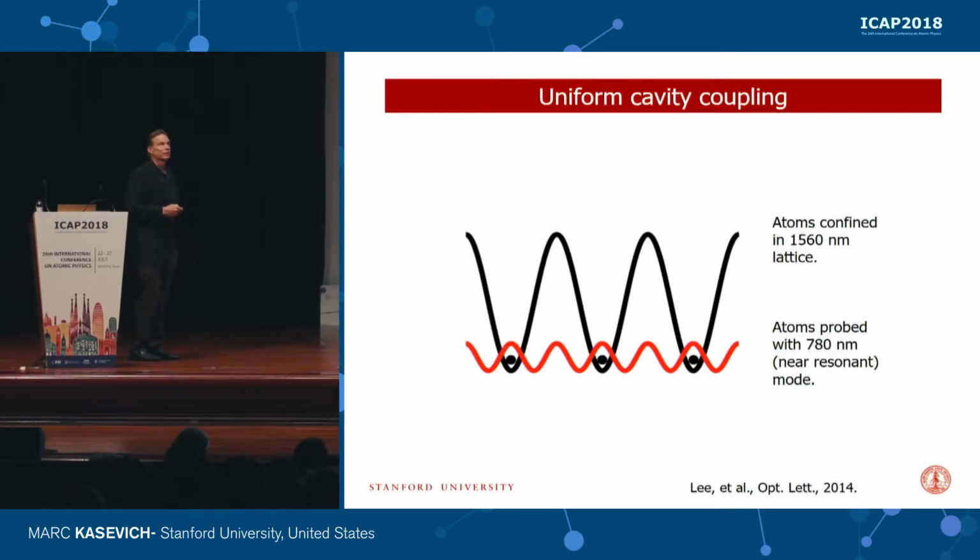And to enforce that coupling, it's useful to have a confining potential for the rubidium atoms, as shown in black, where the rubidium atoms happen to be well registered with respect to the antinode positions of the probing light. And this property is going to be central to some more recent results I'll show you in a few slides. And in terms of obtaining the 20 dB variance reduction, it was very useful to have that uniform coupling across the array.